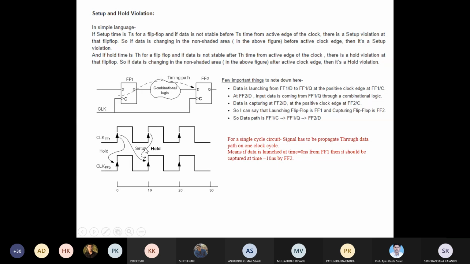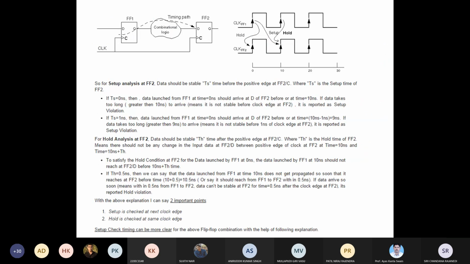So by 10 nanosecond, FF2 should be able to capture the data. That's why your clock time period will be 10 nanosecond. So this is about setup analysis and hold analysis.